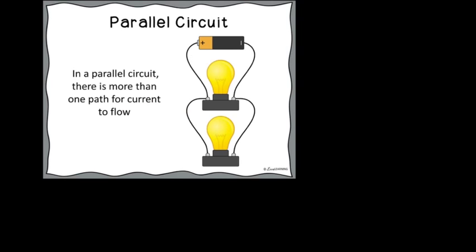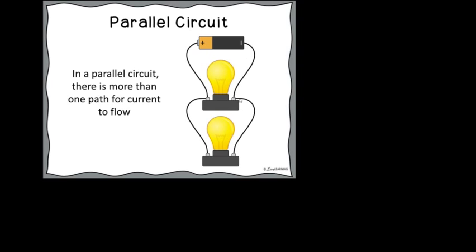On the other hand, in a parallel circuit, we have electrons coming out of the negative side of the battery, and some of them are going to go straight into this first bulb, whereas some of them are going to go on into the second bulb. So if our first bulb burns out, some of the electrons are going to find a dead end.